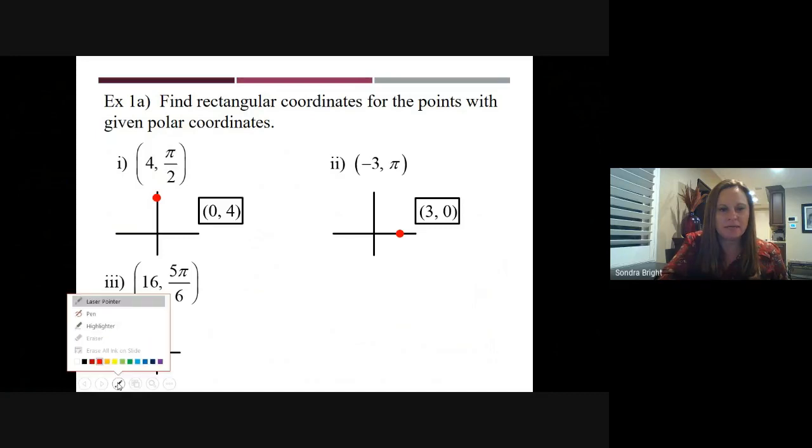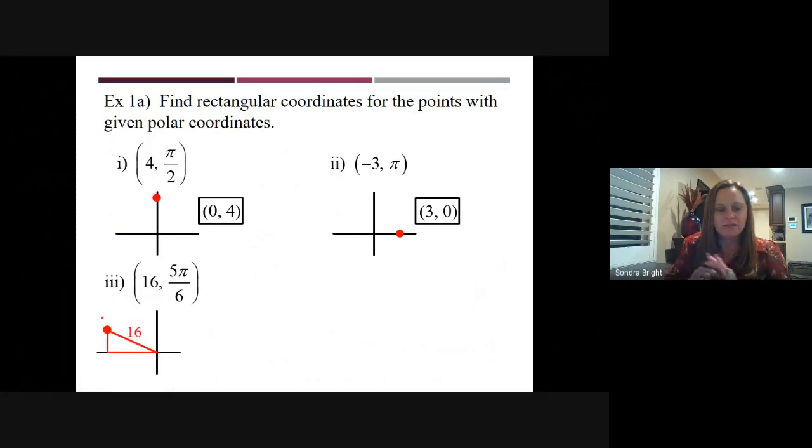I don't know why we didn't give it to you first, but we didn't. So keep in mind, and this works for all of them, x is equal to r cosine of theta, and cosine of 5 pi over 6 is negative rad 3 over 2. And so that would just be negative 8 rad 3.